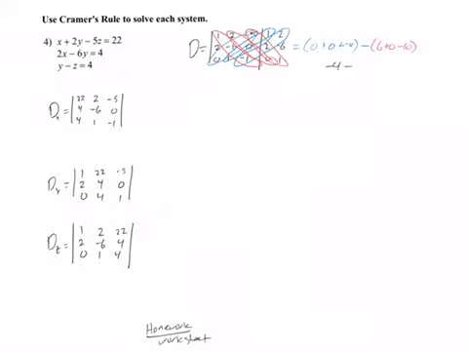It's going to be negative 4 minus a minus 4. It's going to be 0.